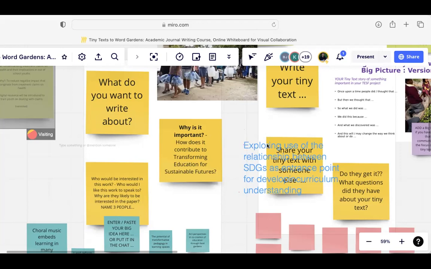Okay, so I'm the one that put in the question about choral music, and why it's important. Much is being said about decolonizing education. African cultural strengths historically lie in music, drama, and visual art. If we are to transform education for sustainable futures in South Africa, surely we should be capitalizing on these strengths in pedagogy that is better aligned to cultural norms than strictly imposing Western methods of teaching and learning in primary schools.